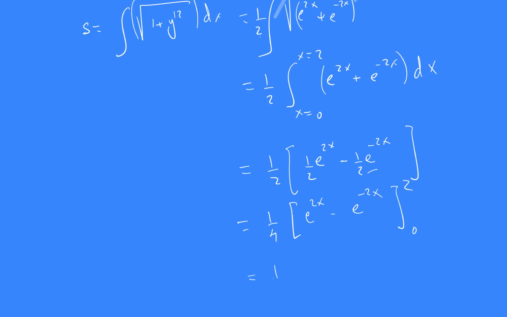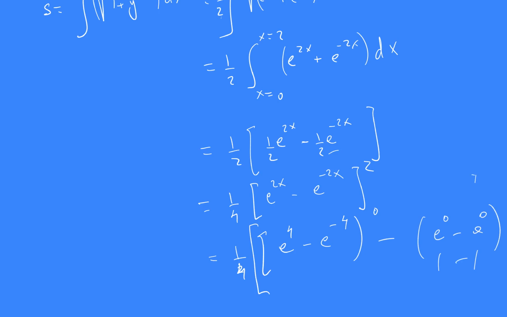So it will be 1/4, wow, 1/4 e to the 4 minus e to the minus 4. Open parenthesis here, 1/4, this evaluation minus the evaluation at the point x equals 0. e to the 0 minus e to the 0. e to the 0 is 1. 1 minus 1 is 0.